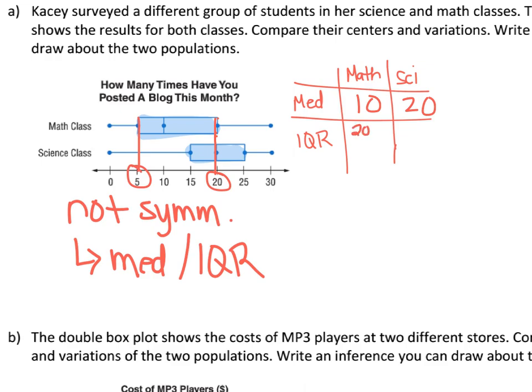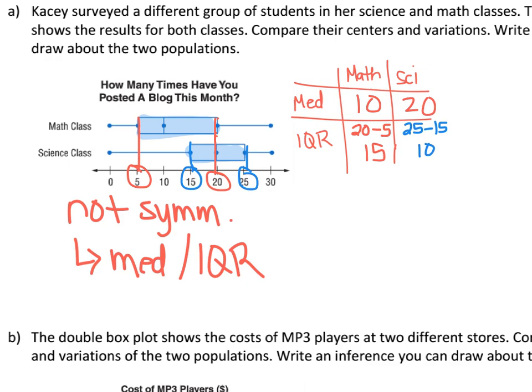So our IQR is 20 minus 5, or 15. Let's do the same for science. We do the upper quartile, which is 25, and the lower quartile, which is 15. 25 minus 15 is 10.